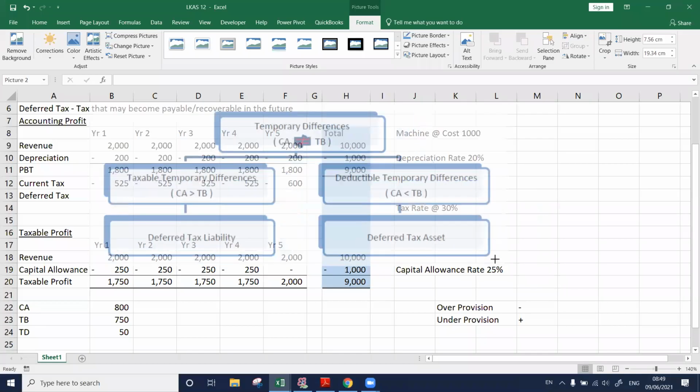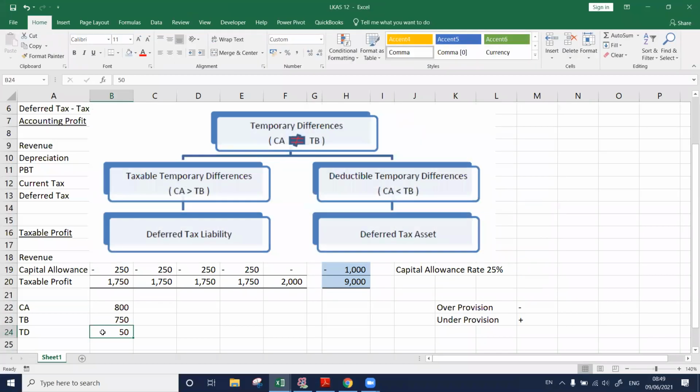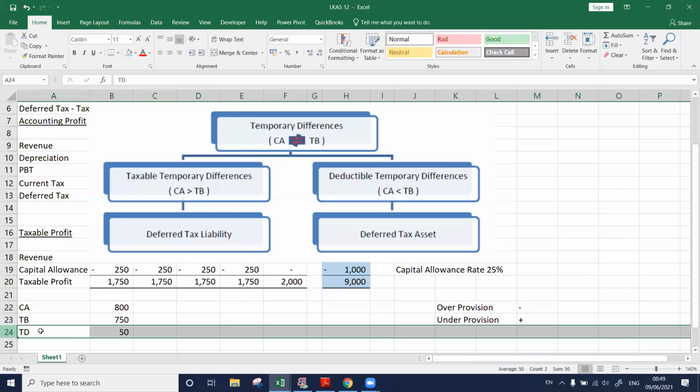So by looking at this summary, tell me whether this temporary difference of 50 is a taxable temporary difference or a deductible temporary difference. Temporary difference means the difference between the carrying amount and tax base, and we found it is 50 in year 1.